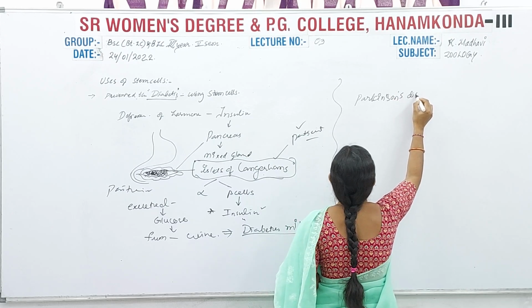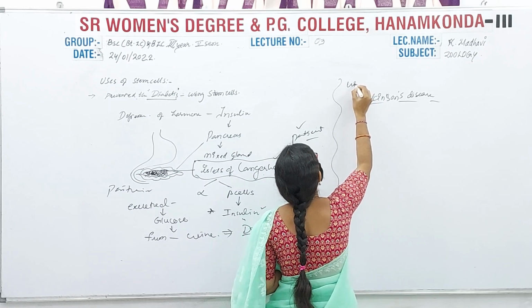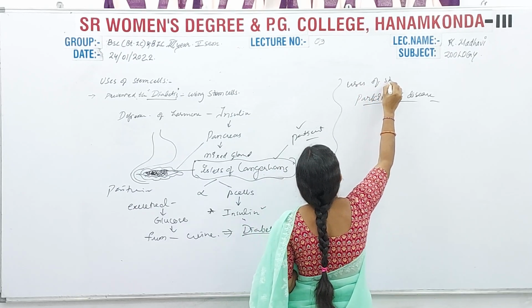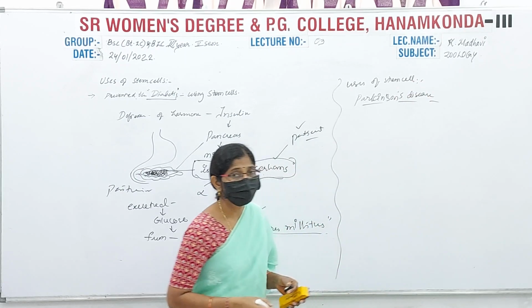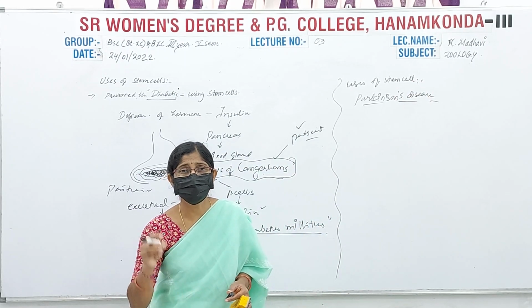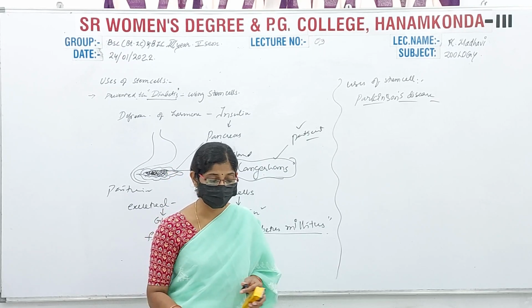Parkinson's disease. In this disease also, stem cells can be used to prevent it. First of all, let us learn the symptoms of Parkinson's disease.